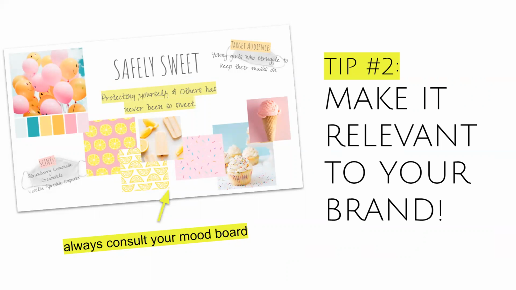It's called Safely Sweet. That's a company that I just came up with in my mind that's targeted towards young girls who struggle to keep their mask on. And the idea is that we have these little cute cloth masks that would be scented like strawberry lemonade, creamsicle, vanilla sprinkle cupcake. Those are all things that I feel like someone like my daughter would love.